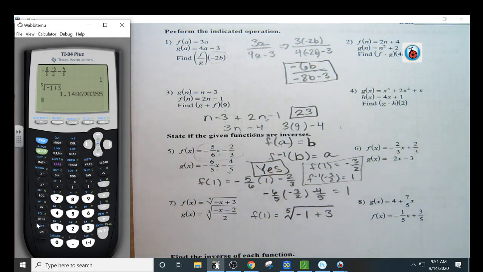It's up above the on button. It's this guy right here. If you hit that button and you store as X and press enter, now X represents this big old long number. That way you ain't got to type the whole thing in. If I type in X, this number is going to pop into where I put the X.